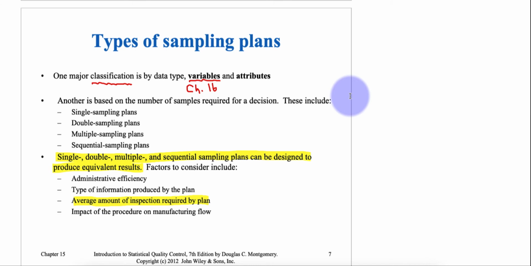Okay, so we will increase our efficiency in acceptance sampling. So this is the important criterion we are using in the sampling plans. So we will choose one of the sampling plans, or maybe we can change these plans according to the lots, according to the situation, according to the case. But we will try to minimize the amount of inspection.